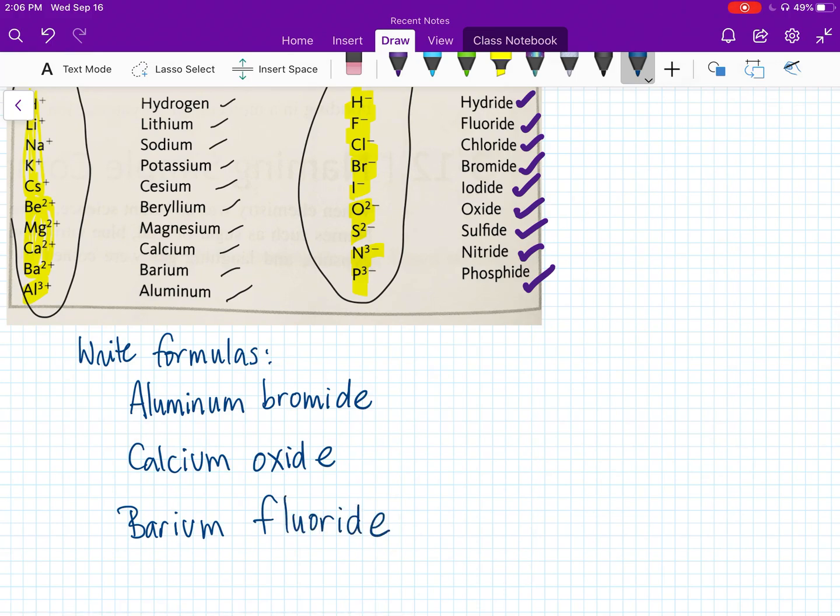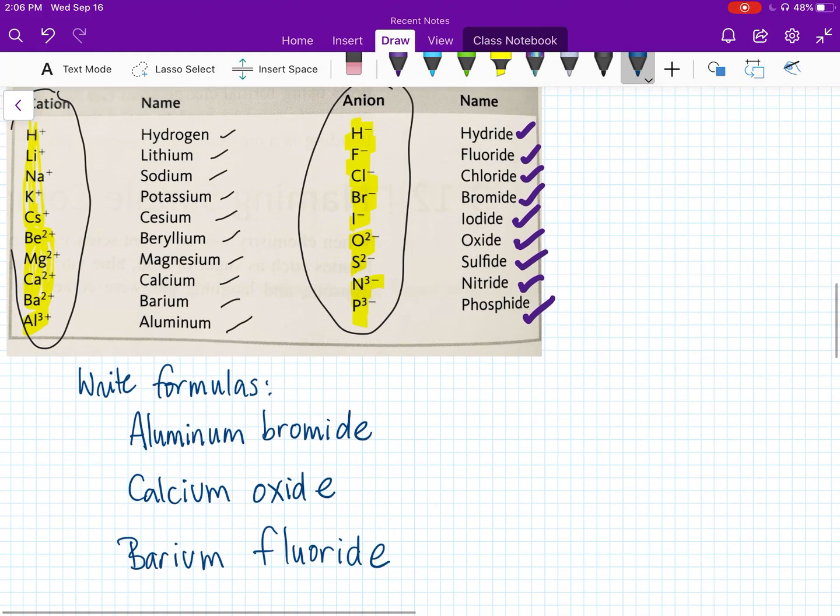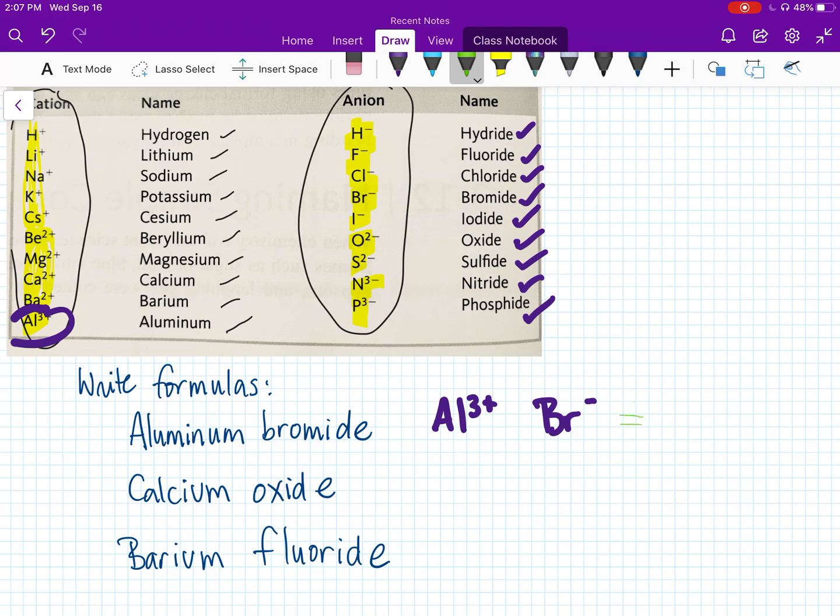Okay, so writing formulas from the names is just a tad bit more tricky. Here you really need to know which ions each element forms. So aluminum forms the 3+ ion in compounds. We kind of see that in this table. You can also see that in the periodic table. Bromide refers to Br-1. Now, when these come together to form a neutral compound, you are going to need 3 bromines to have a 3- charge to balance out the 3+ on aluminum.